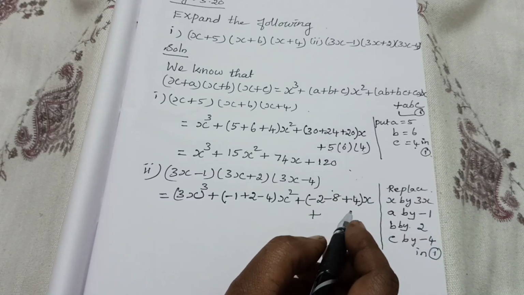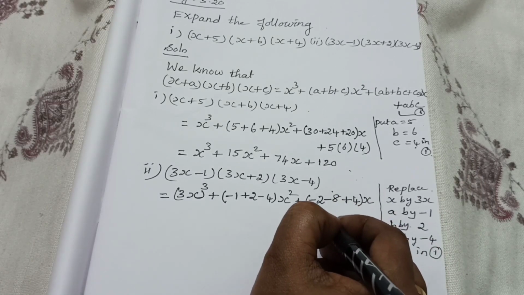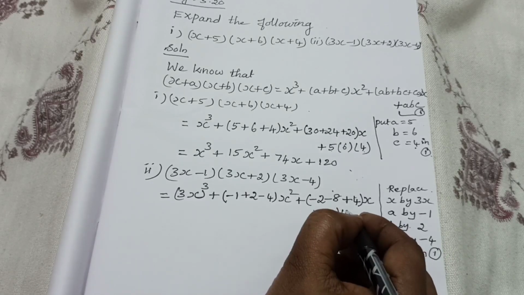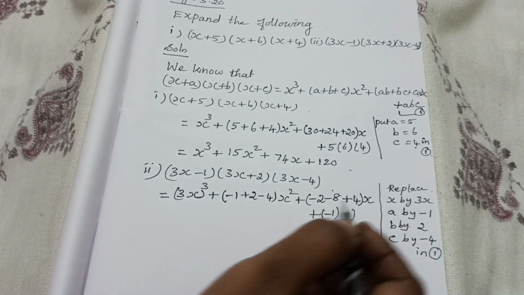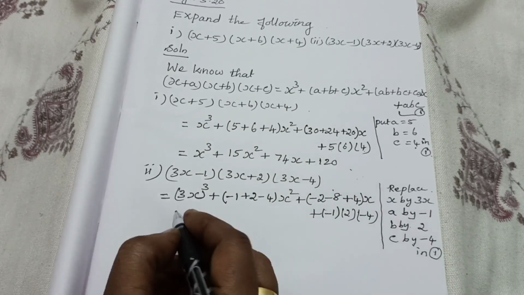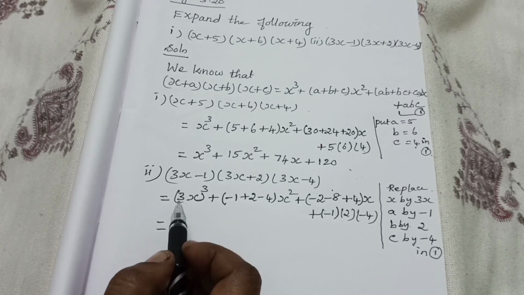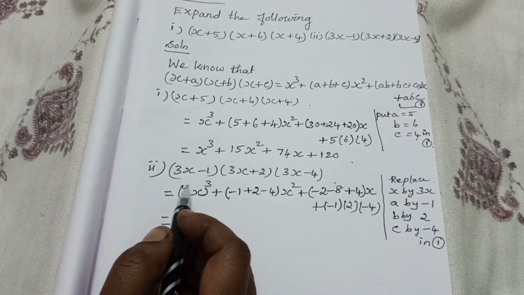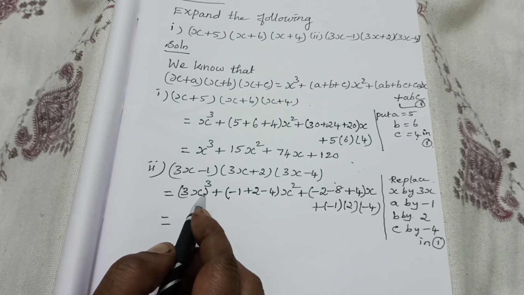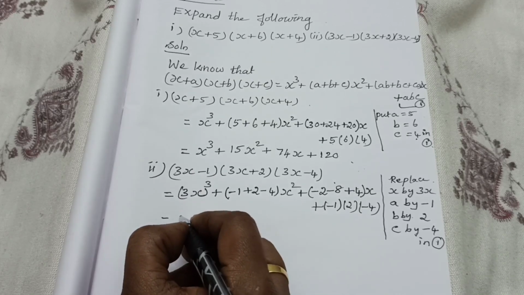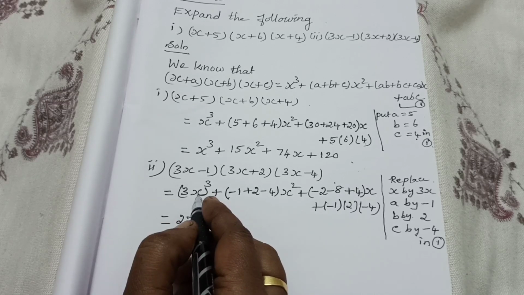Here what is A? Minus 1, into B is 2, into C is minus 4. Very clear? And equal to, here (3x) the whole cube is 3 cube. 3 cube is 3 into 3 into 3. 3 threes are 9, 9 threes are 27, x cube.